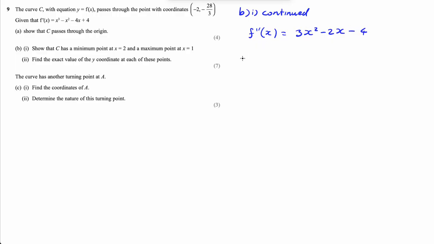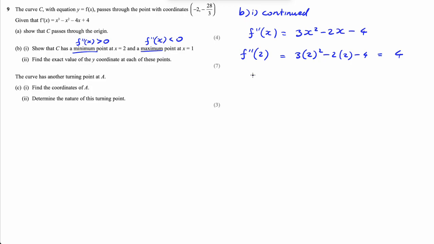So let's get f dash dash of 2. If it's a minimum, the second derivative should be greater than 0. So f dash dash of x is greater than 0, and for a maximum, f dash dash of x is less than 0. So this is going to be 3 times 2 squared, which is 12, minus 2 times 2, minus 4, which is 12 minus 4 minus 4, which is 4.